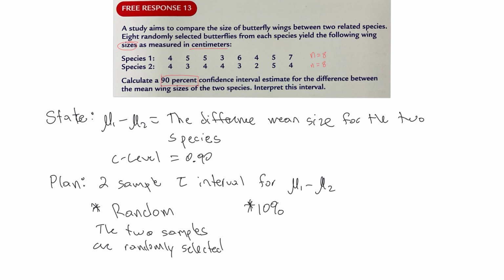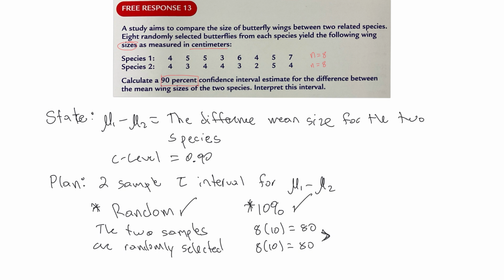So my sample sizes are 8. I'm going to multiply 8 times 10. So that's sample size number 1, and sample size number 2 is also 8. So you multiply that by 10. And butterflies, we know we have more than 80 butterflies in the population. So it actually checks. So 10% condition, yes, is met.